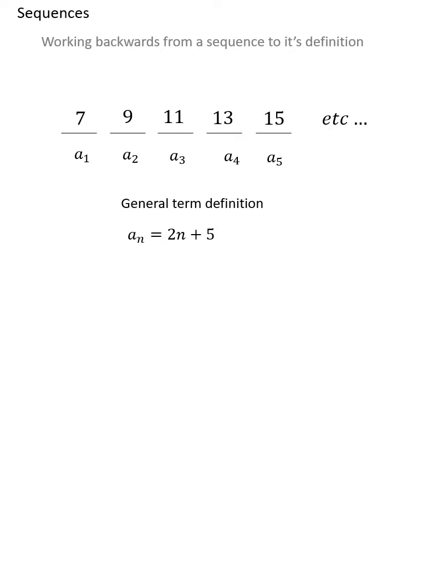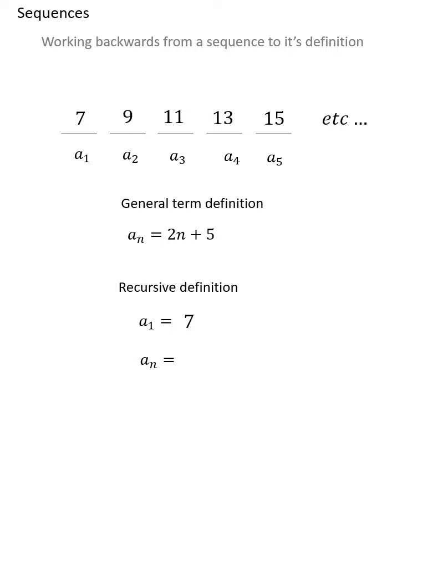Let's take this same sequence and now try to find a recursive definition, now that we've already found the general term definition of this sequence. A recursive definition is one like we saw in a previous problem. Typically, although it doesn't have to be exactly like this, a recursive definition is where we define it by telling the first term numerically and then giving a formula that will produce all of the other terms.